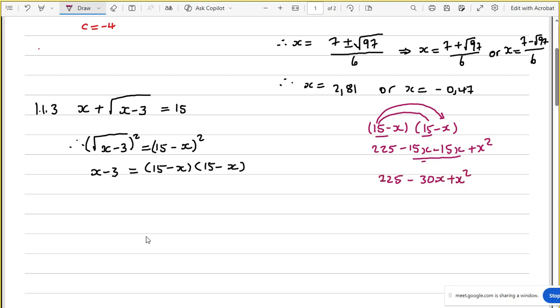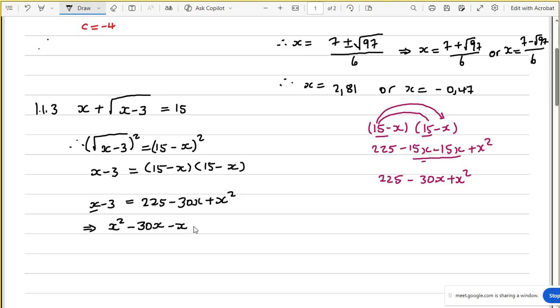So when we do the FOIL method, this leaves us with 225 minus 30x plus x squared, and this is x minus 3. So I need to arrange the equation, and let's put everything on one side. I have x squared, I have minus 30x, I bring the x this side to be minus x.